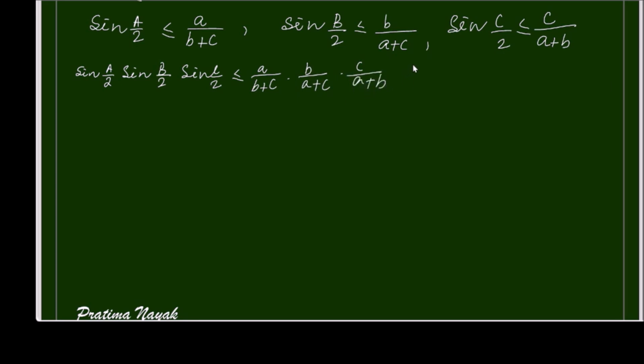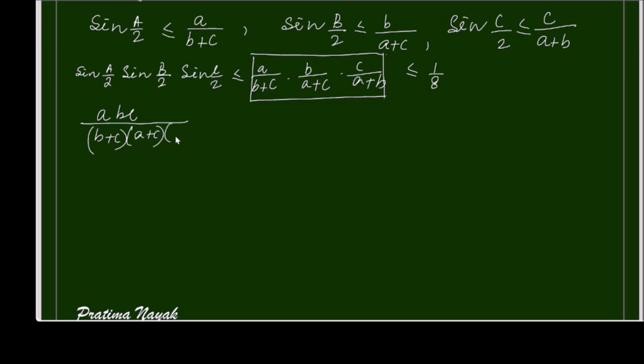We have to prove that this is less than or equal to 1 over 8. Now coming to the final part of this solution, this product is nothing but abc over (b plus c)(a plus c)(a plus b).